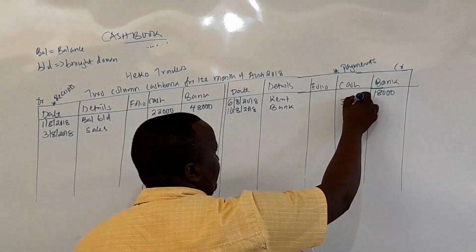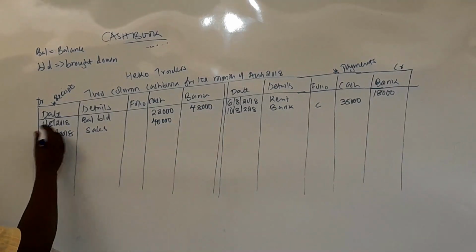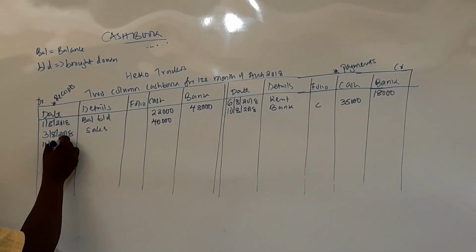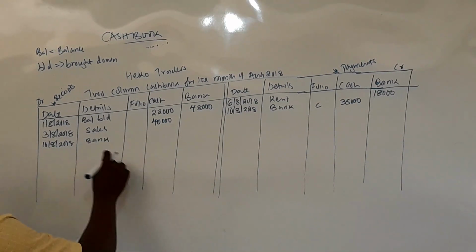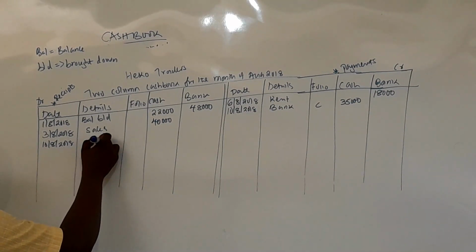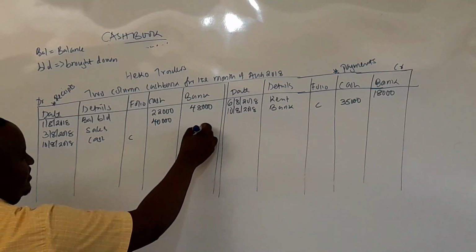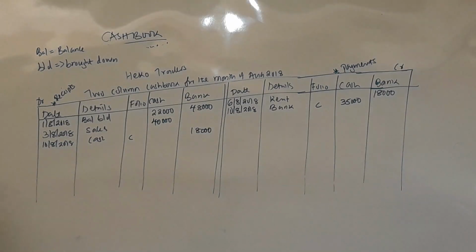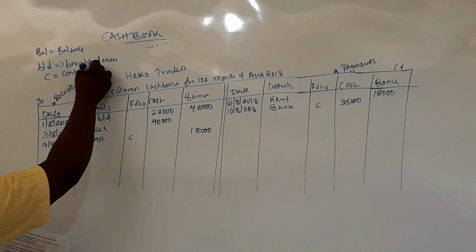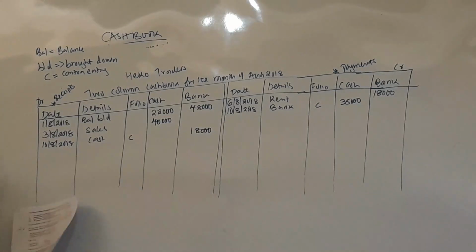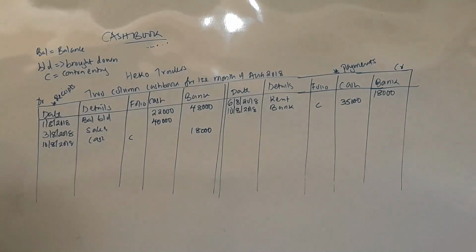We credit cash, and here I will write C, meaning it's a contra. On the cash side, the corresponding account is bank. So C is a contra entry, where it affects both. We are crediting the cash and we are debiting the bank.